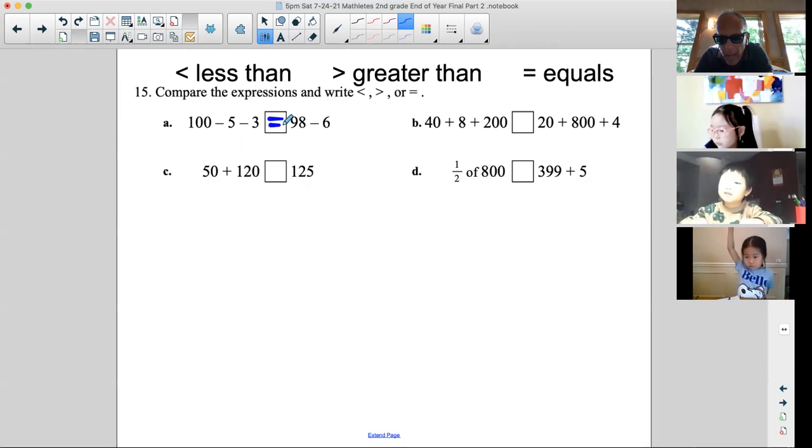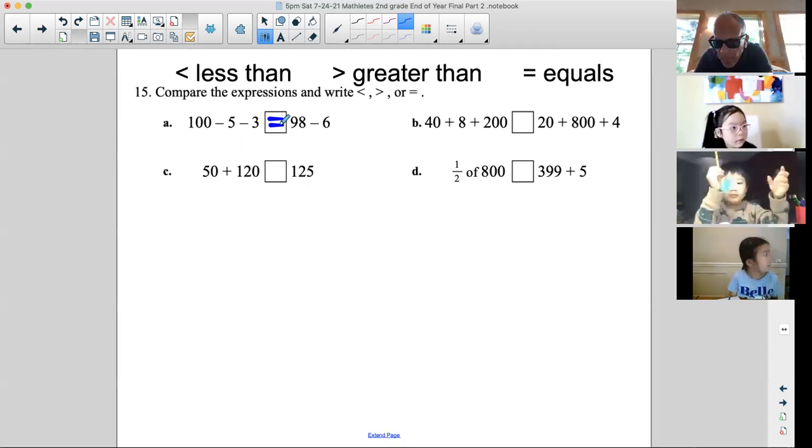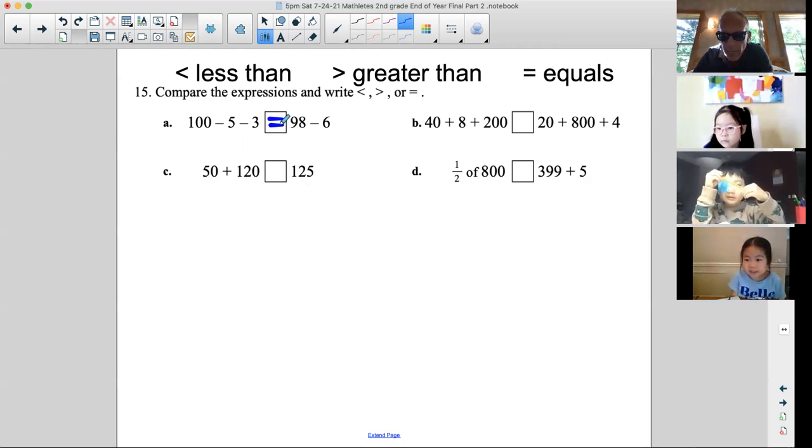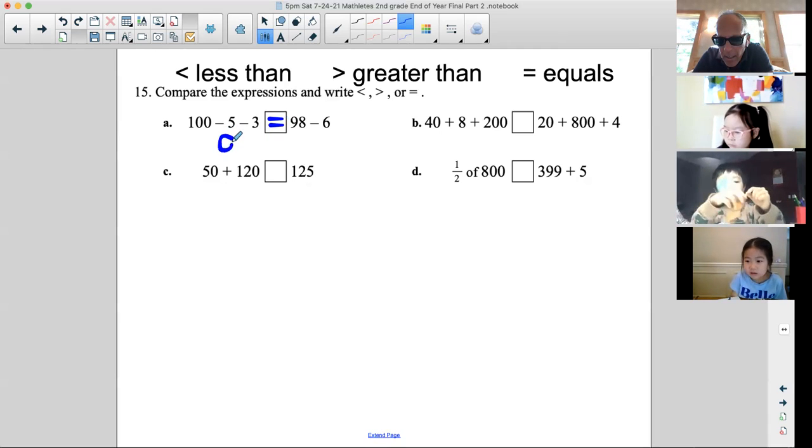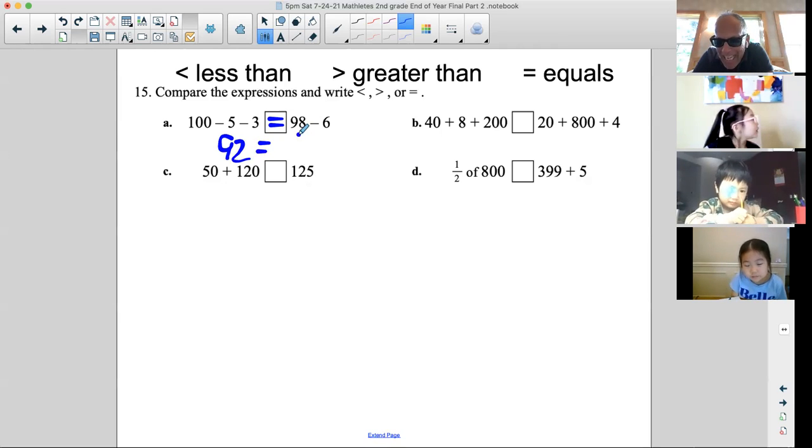Equal. Eleanor, you were correct. And Eleanor, tell me why it's equals. They are the same number. What is that number? Everybody say it. 92. 92 equals 92.